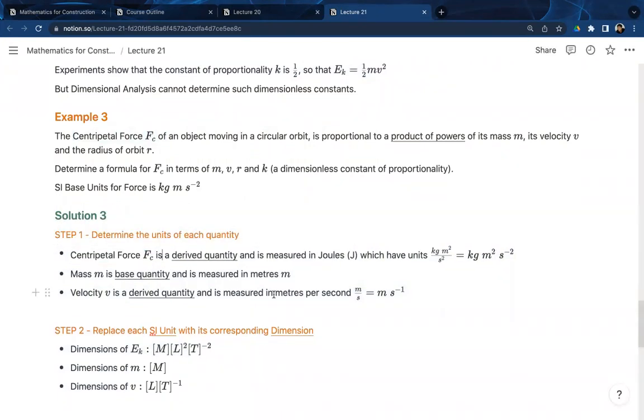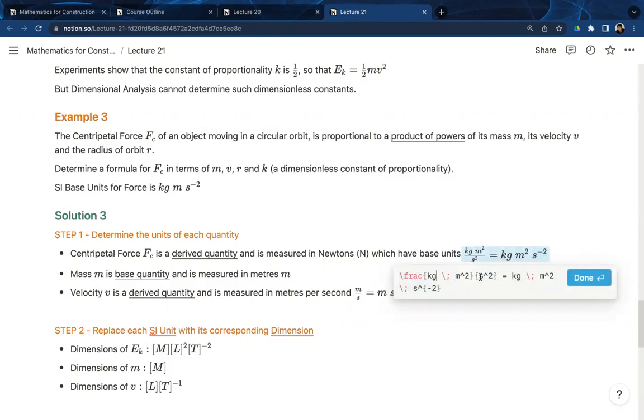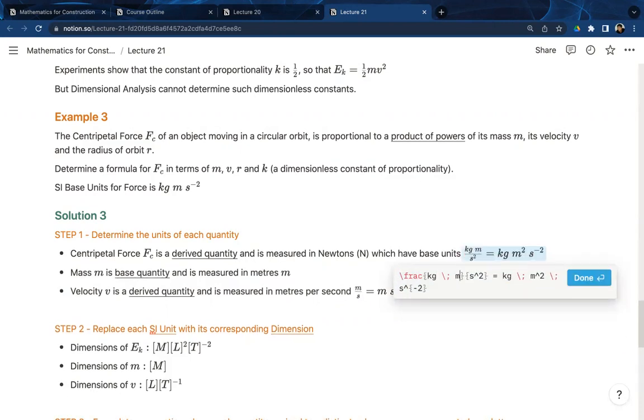Centripetal force, force is a derived quantity, measured in newtons, symbol N, which in base units is kilogram meters. If you had to write it as a fraction, you would say kilogram meters over second squared.